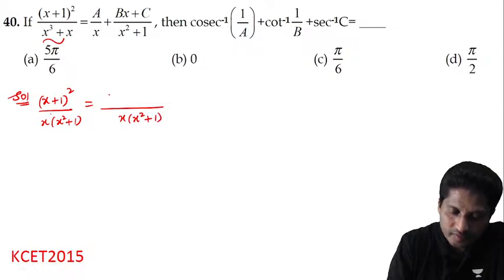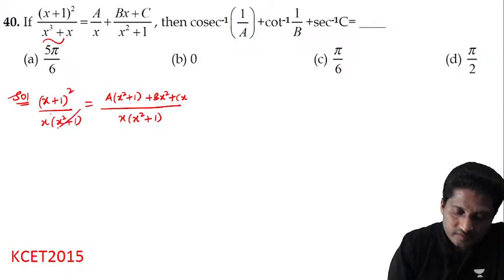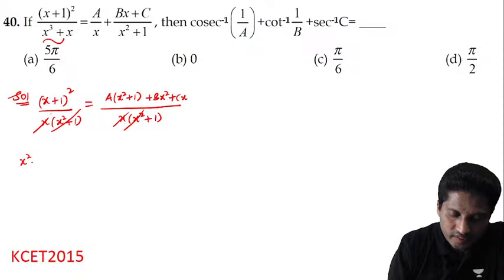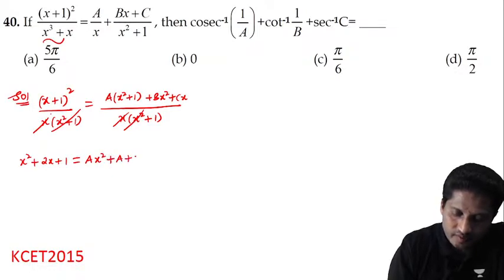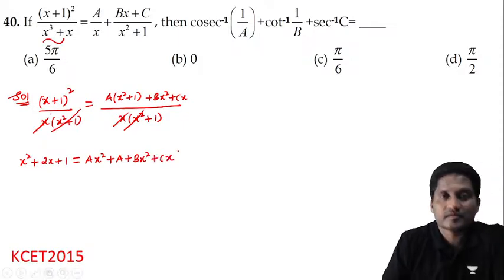Now if I cross multiply, you will get a into x square plus 1 whole square plus bx square plus cx into x square plus 1. It will cancel. Okay, now you get x square plus 2x plus 1 is equal to ax square plus a plus bx square plus cx.